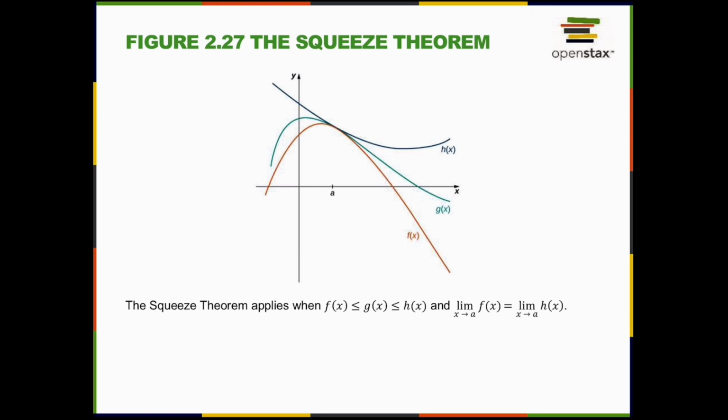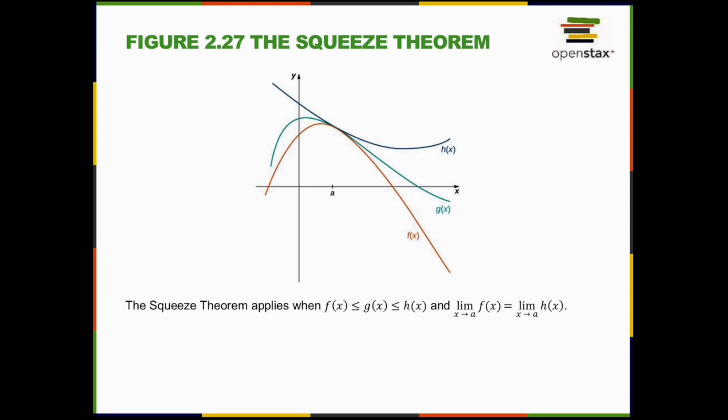Sometimes we have a function whose limit is difficult to find algebraically and to determine directly. But if we can show that this function is trapped or squeezed between two other functions whose limits we do know, then we can determine the limit of the middle function. So if we take a look at this picture here, we have the function in the middle, which is a teal or greenish color.